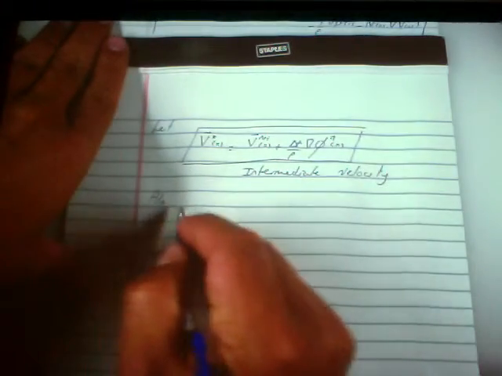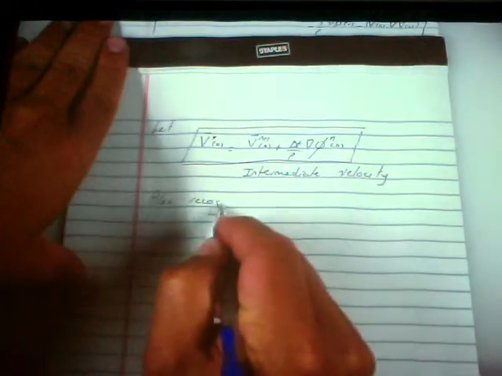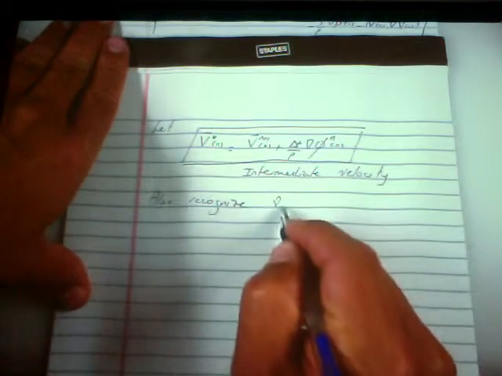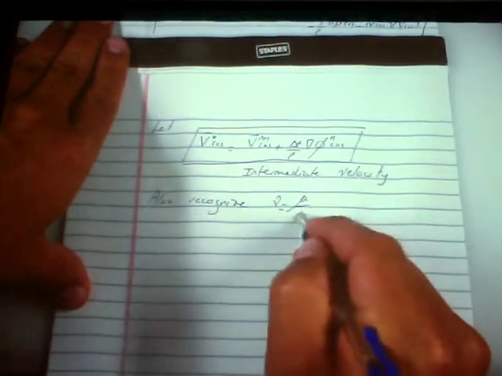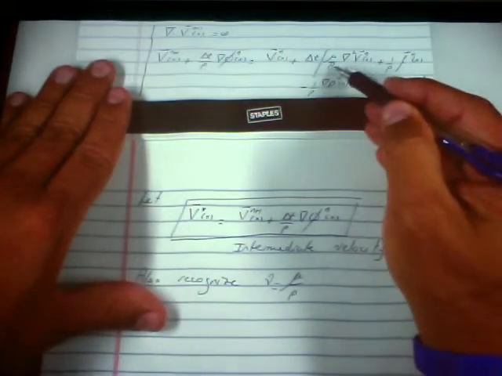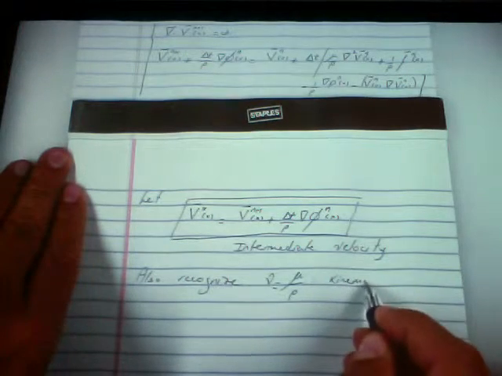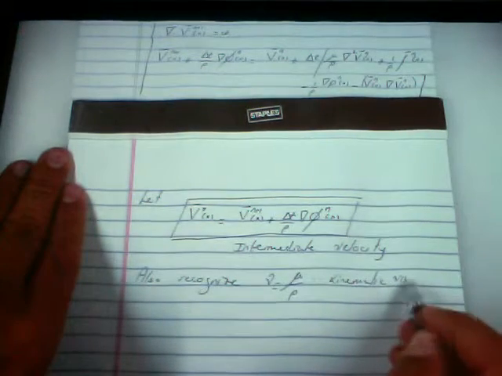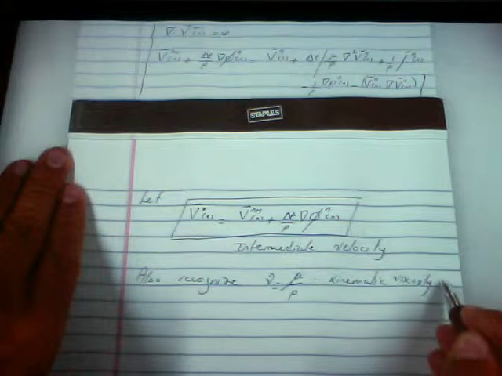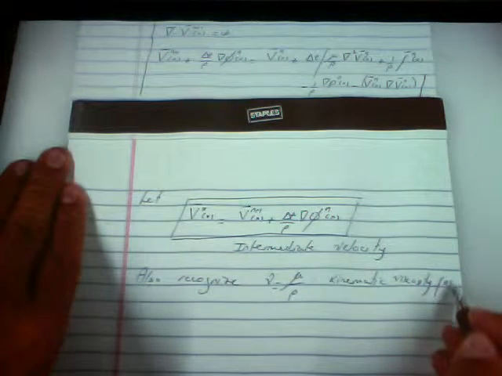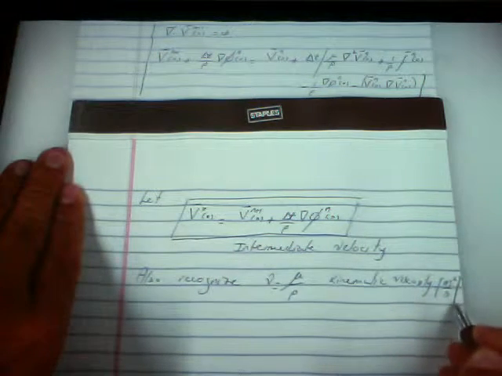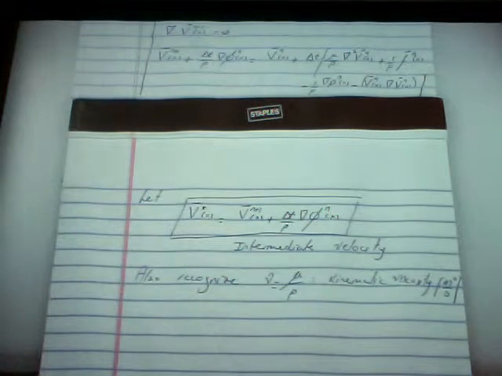Also, recognize nu as mu over rho. See this quantity here that shows up? Mu over rho. That's called the kinematic viscosity. And it's in units of meters squared per second. Remember that I told you that all diffusivity coefficients have units of meters squared per second?